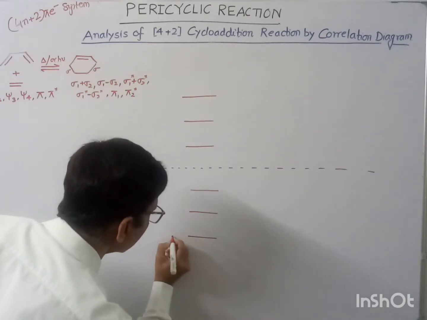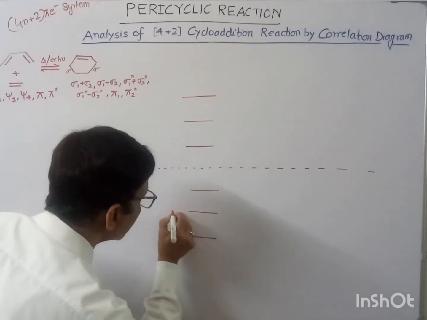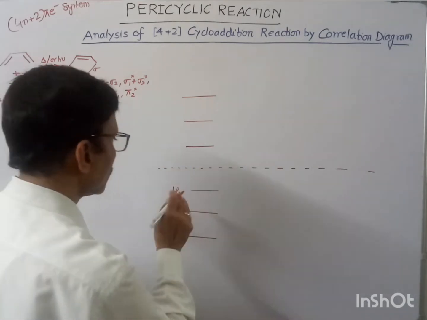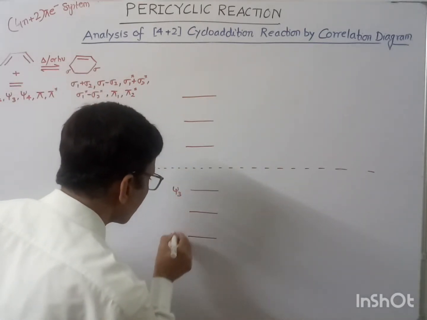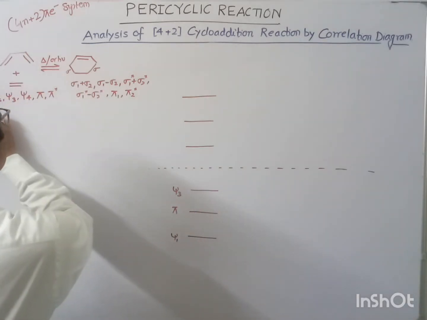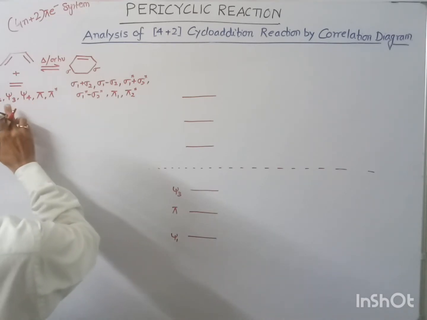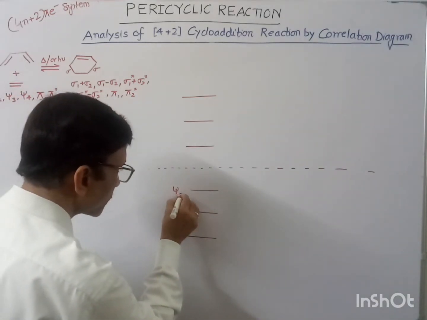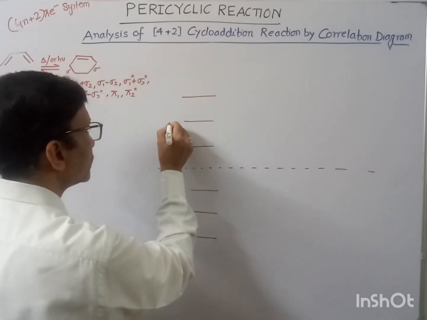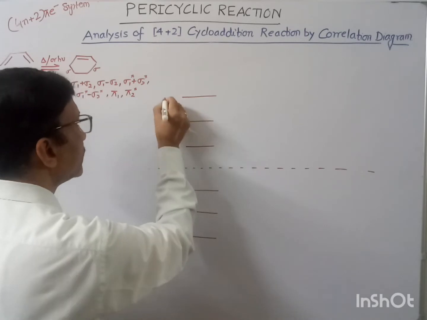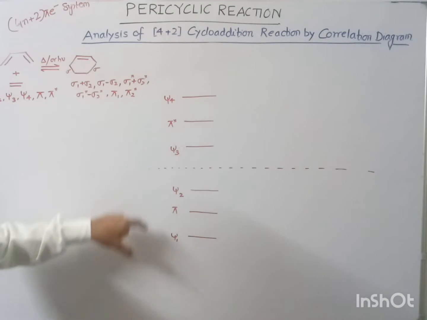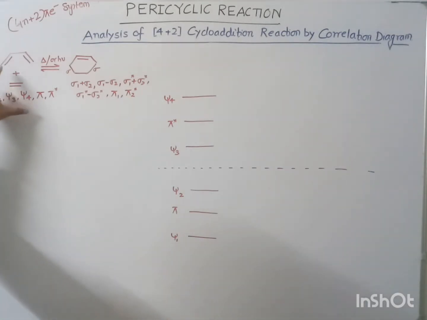This is psi1, then pi, then psi2, then psi3, and then pi star and psi4. These are the 6 molecular orbitals that I have written for the reactant.